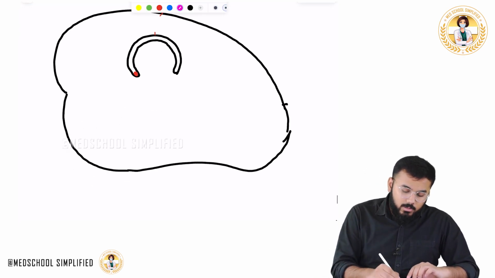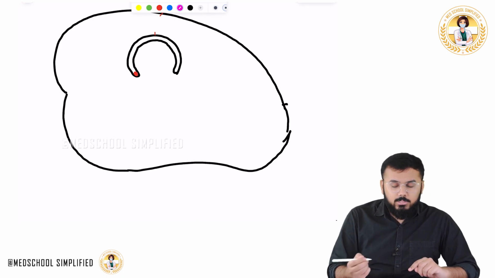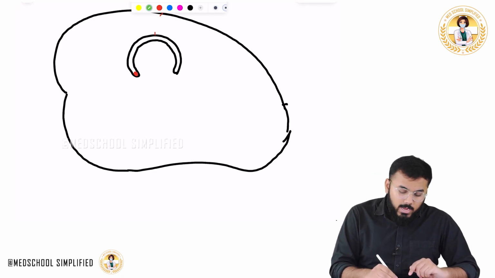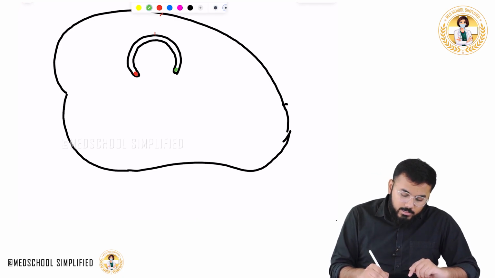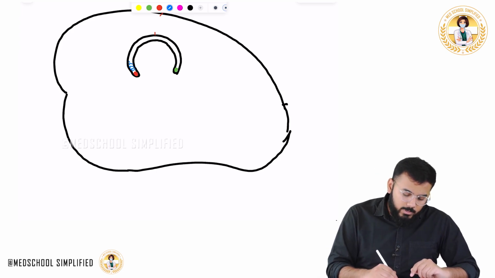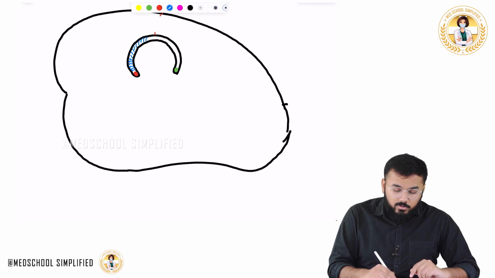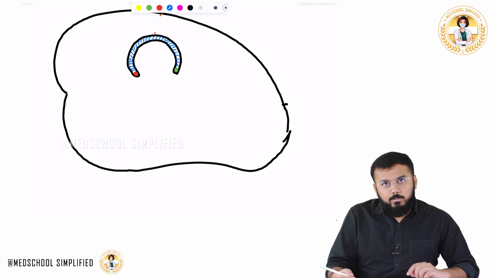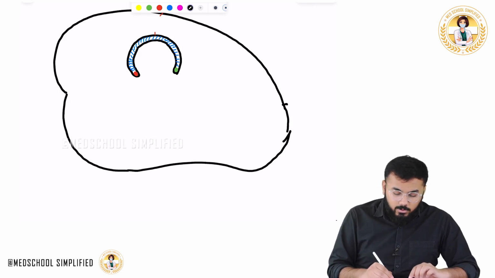So here, first important thing, once again, this is called what? This is called your genu, and after that the back portion over here is called what? This is called your splenium. Now between the genu and the splenium, this structure of the corpus callosum is called the body of the corpus callosum. Next, down here you have a structure which goes in this way.